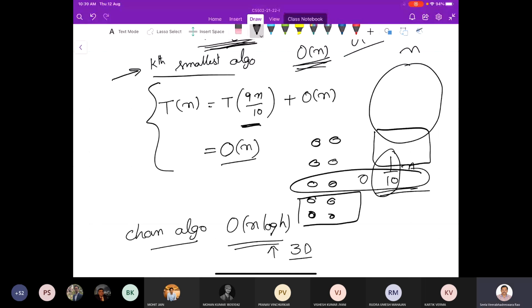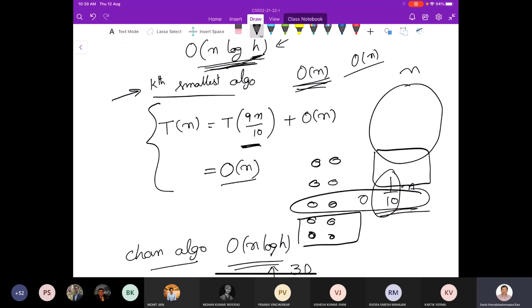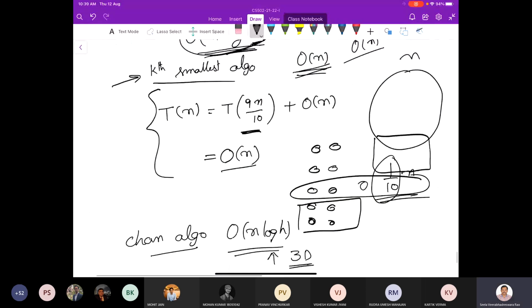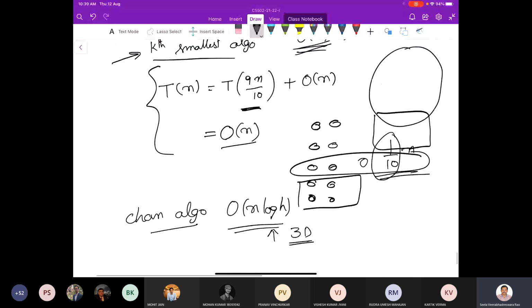And in Kirkpatrick and Seidel's ultimate convex hull algorithm, even though you are getting n log h time complexity, and finding the kth smallest element is order n, the constant involved in finding the kth smallest element in linear time is actually very high.